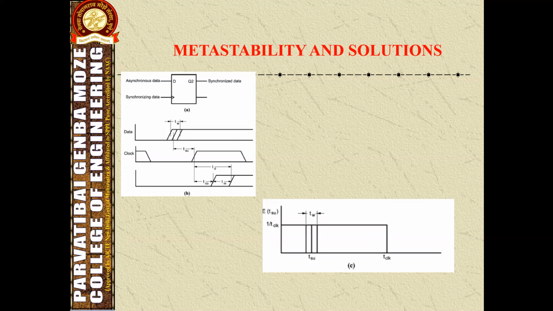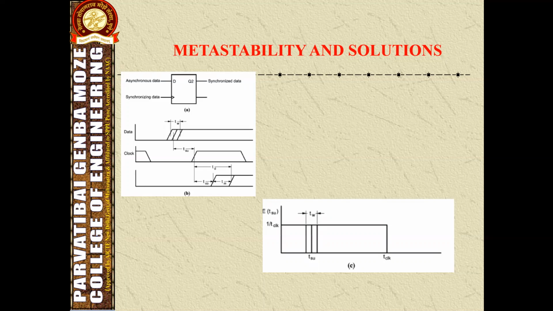With given TW, the reliability, the mean time between failures of the synchronizer, is calculated as shown in the figure, that is equal to 1 by TW, TD, into F clock into F data. This is about metastability.